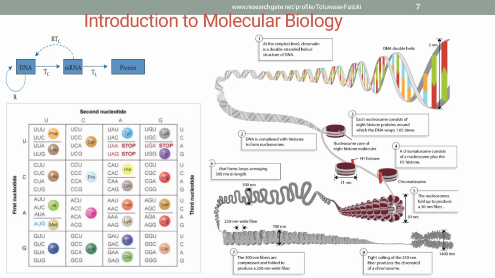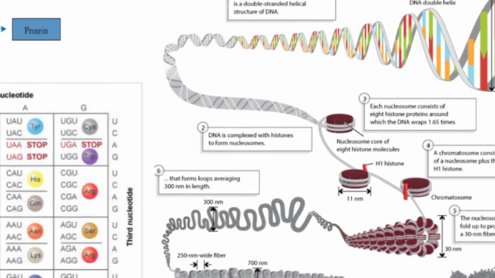Talking about molecular biology, we understand that DNA is packed within the nucleus with the help of histones, and you can see that histones help the DNA script to pack together very well into different chromosomes, and the different chromosomes could be identified within the nucleus.